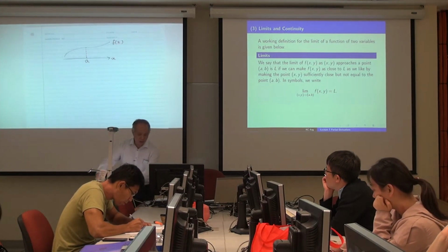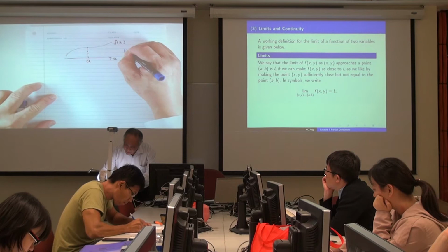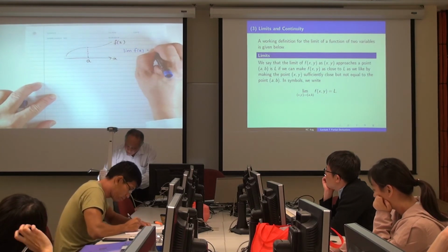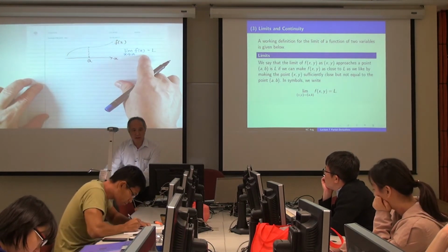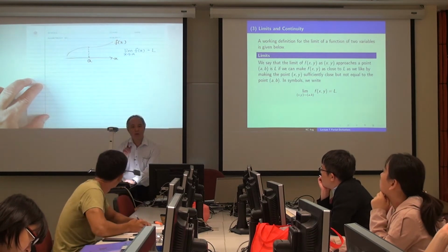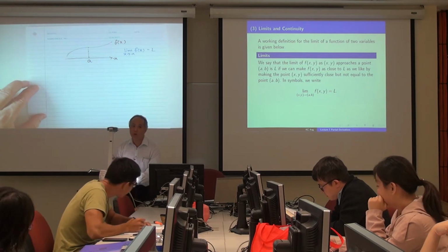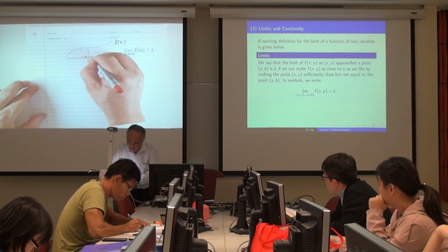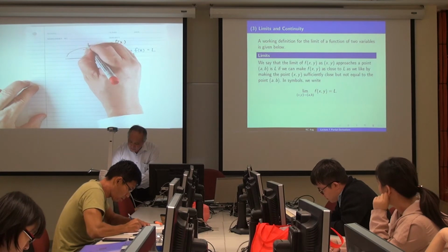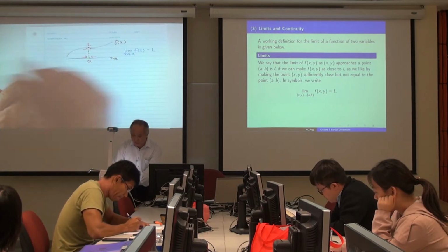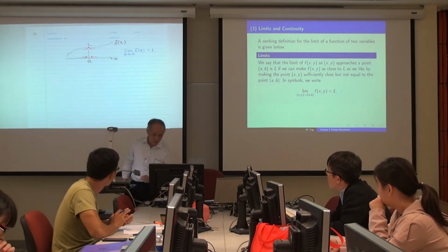Now, if we say the limit of f(x) is equal to L as x tends to A, what we are saying is that as we move nearer and nearer to A along x from both directions, like this and like this, the function value will go towards L, though not necessarily touching A. That means x not equal to A, just approaching as close as possible.